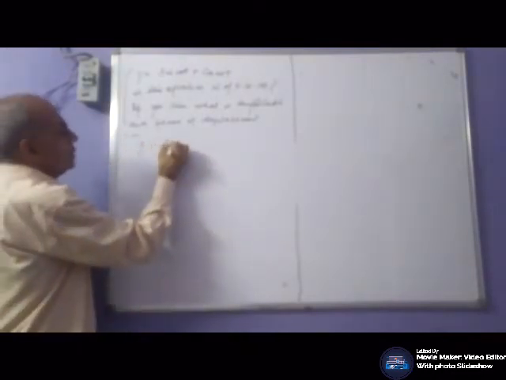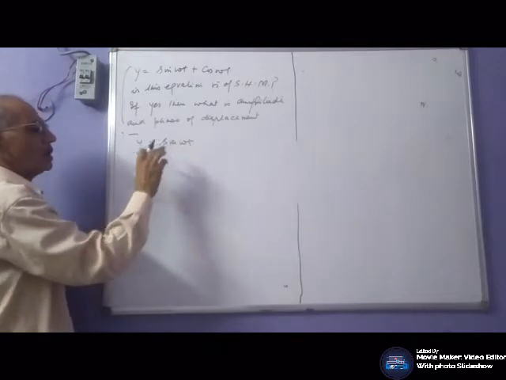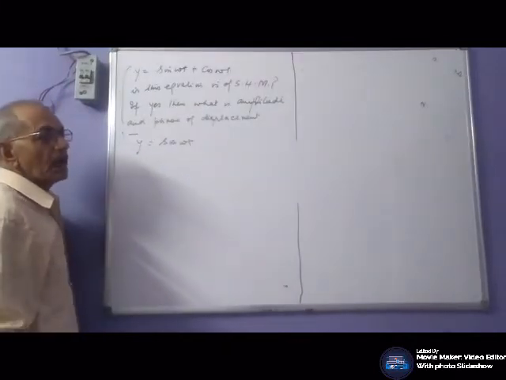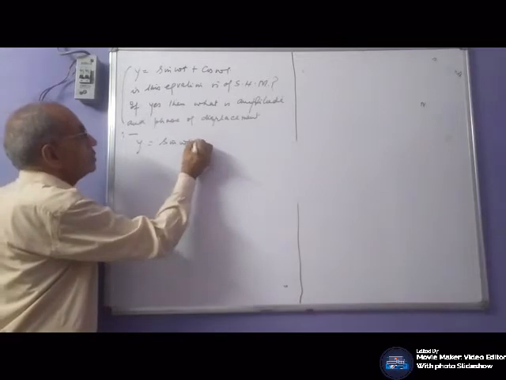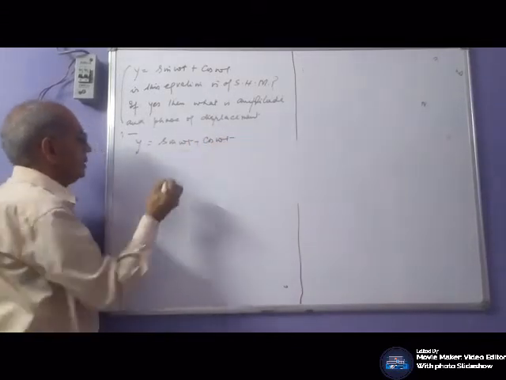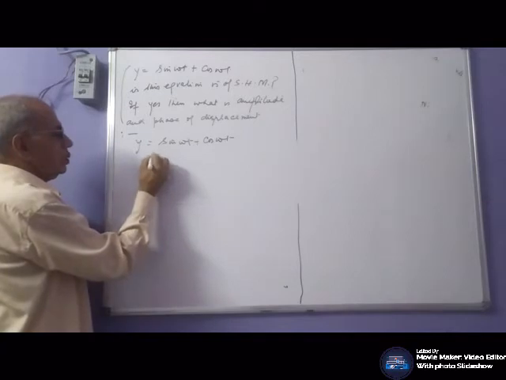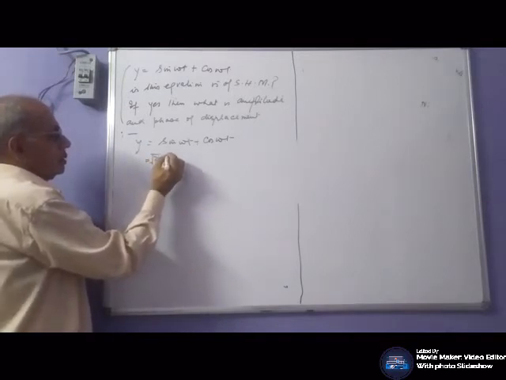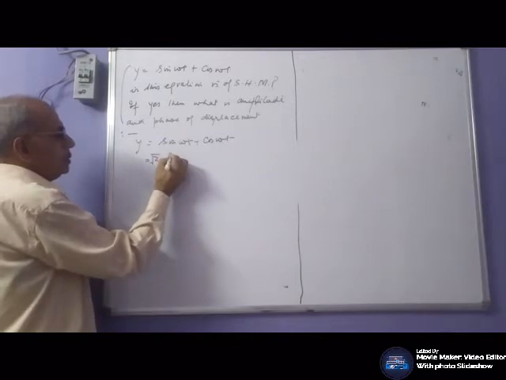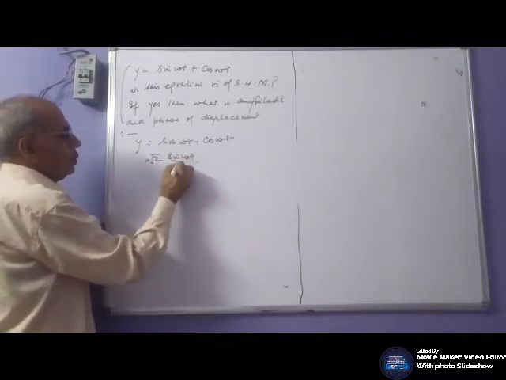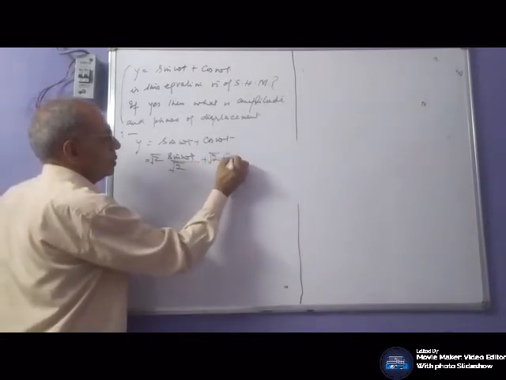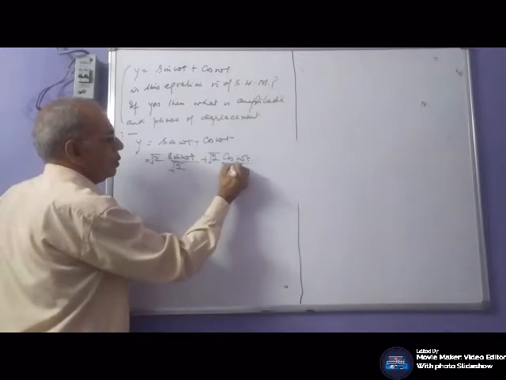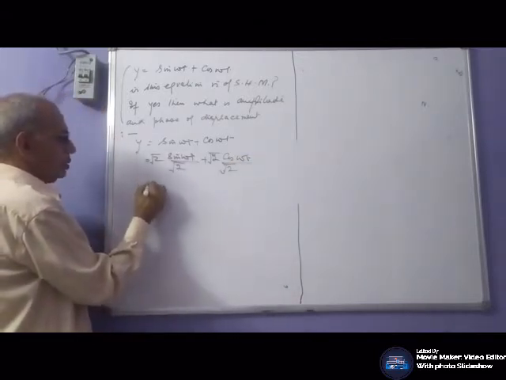Why sin omega t? Omega is 2 pi by T, and sin is there, so it may represent S.H.M because it seems periodic plus oscillatory. Multiply by root 2, divide by root 2, root 2 is common.